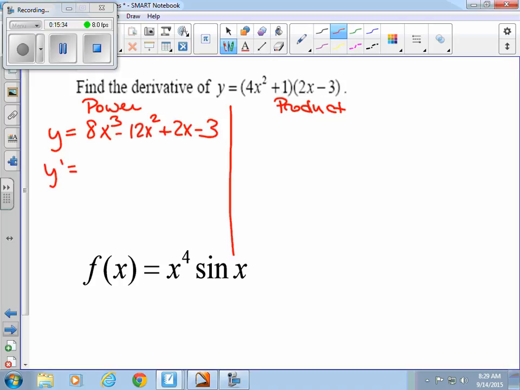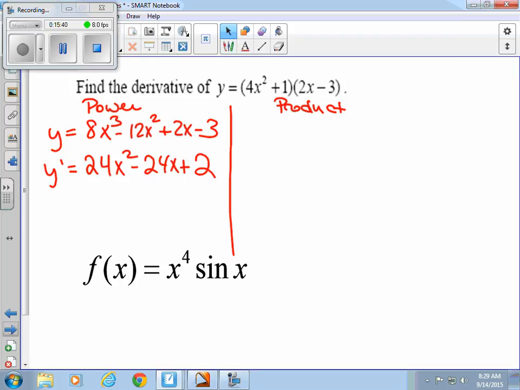That's probably always the best way to work that problem. There was nothing difficult about that, right? Okay, let's look at the next way to do it.